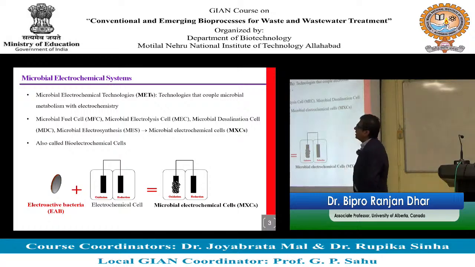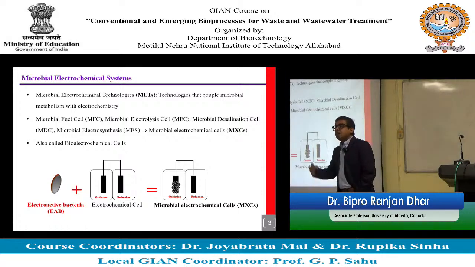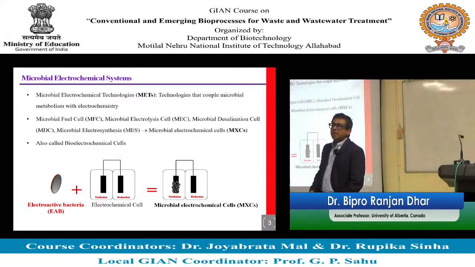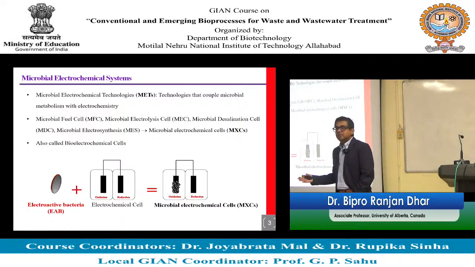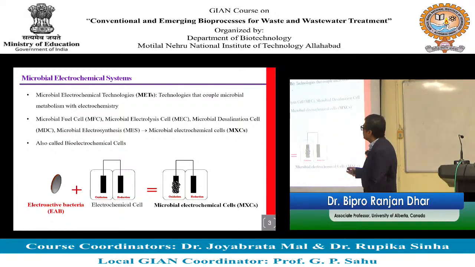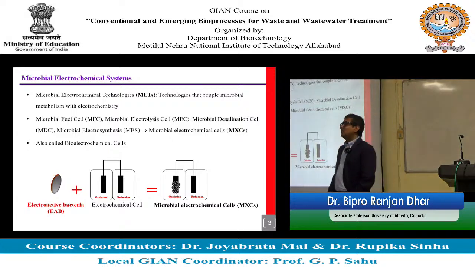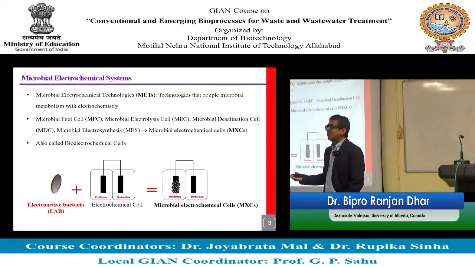We can also apply some voltage and get a wide variety of products, including biohydrogen, from a microbial electrochemical system. We call it a microbial electrolysis cell, MEC. Then some researchers found that we can apply this concept for desalination of water.